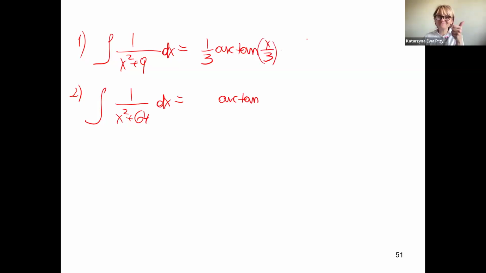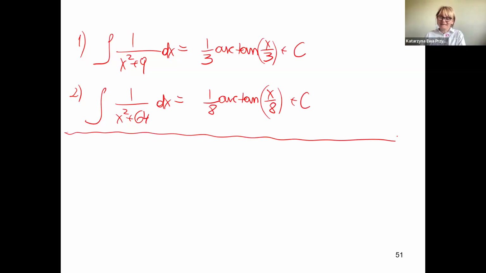Thank you. Yes, really good. Oh, inverse tangent, of course. And what about the second one? Arctangent of x over what quantity? Square root of 8. Thank you. Yes. Okay, we're good with this.